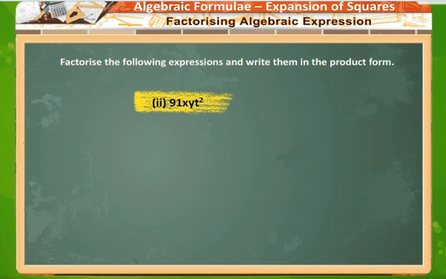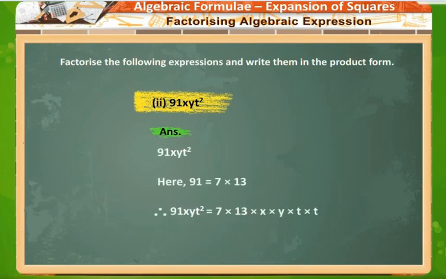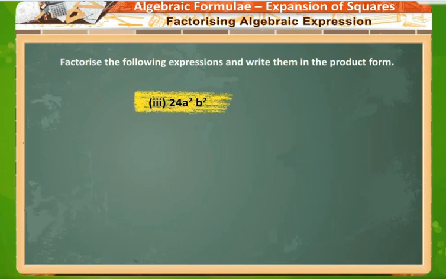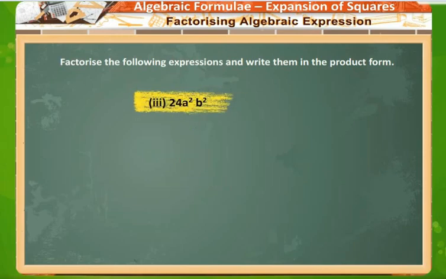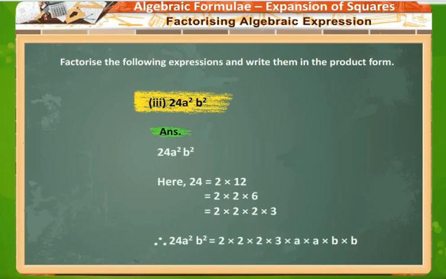Now 91 xy t square. First we will factorize the coefficient of 91, that is 7 into 13, xy t square. So x into y into t into t. These are the factors. Then 24 a square b. 24 is the coefficient, a b are the variables. 24 can be written as 2 into 2 into 2 into 3.